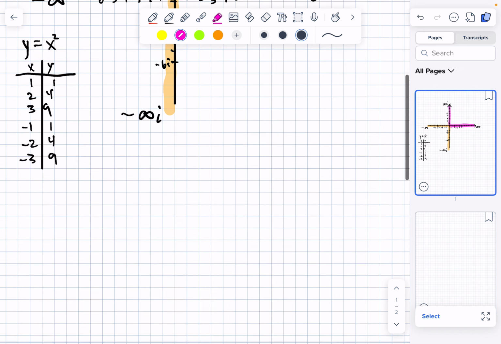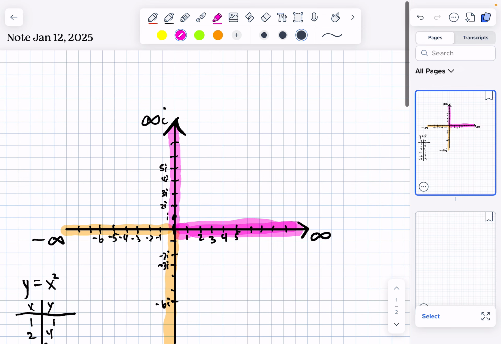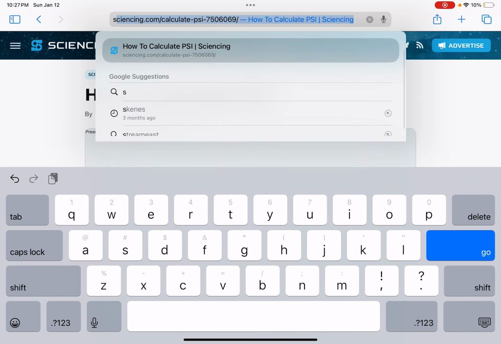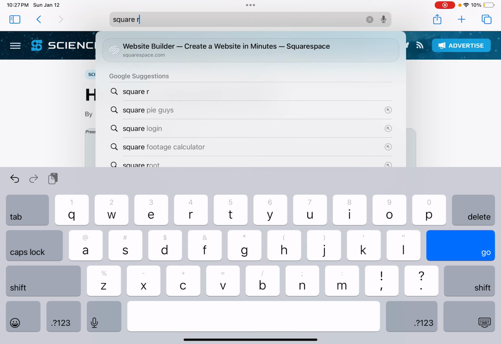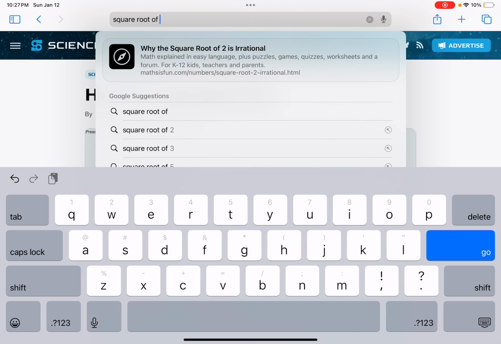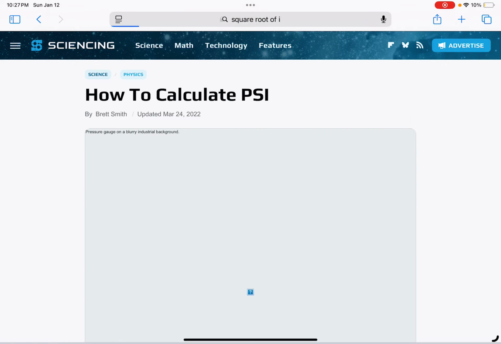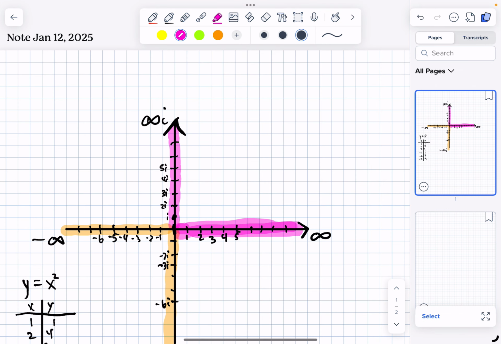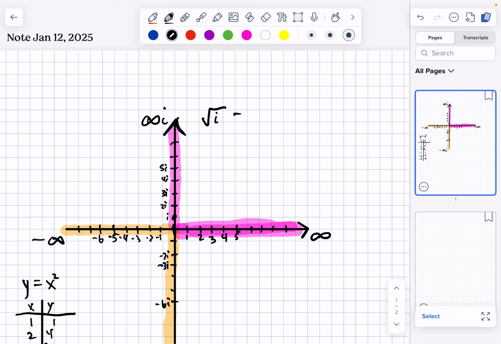In fact, if I try to find the square root of i, I can just go and Google this somewhere. Square root of i, and this is very similar to the square root of negative i. What it actually is, the square root of i equals the square root of 1/2 plus the square root of 1/2 i.